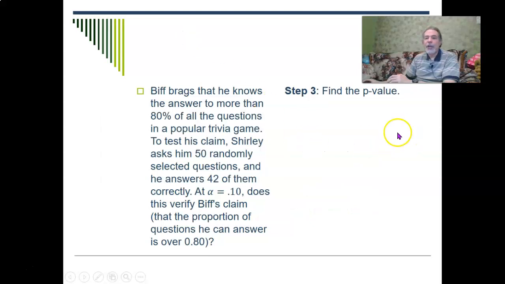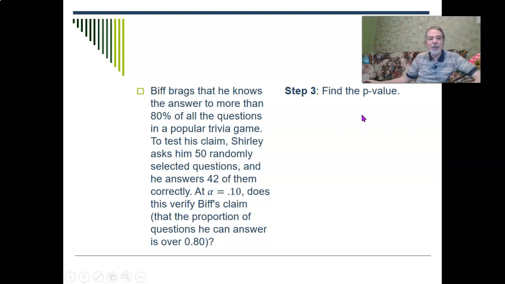Now, step 3, find the p-value. When we did this on the calculator or on the Excel spreadsheet, it told us what the p-value was. So if you remember that, or you want to rewind the video, you can see what the p-value was. If we were doing this ourselves without any advanced technology, we just calculated the test statistic, the test value on that formula.